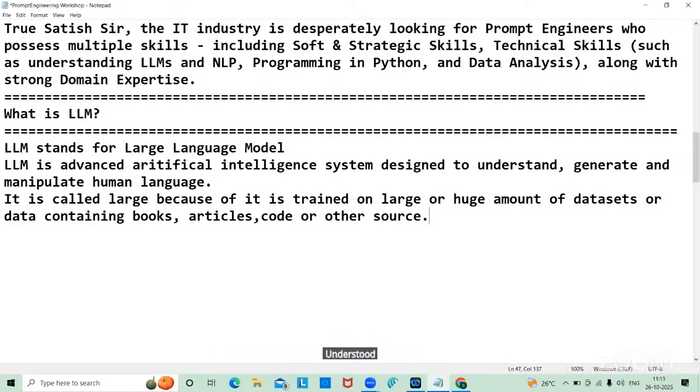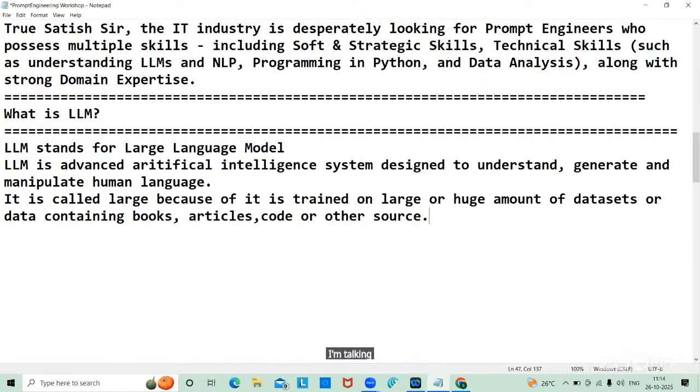Understood, my dear students? You understood what an LLM is? An LLM is an advanced Artificial Intelligence system designed to understand, generate, and manipulate human language. We'll talk about NLP later.